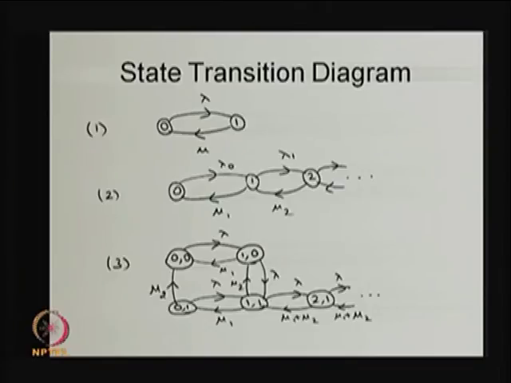The third example is also a continuous time Markov chain. This is a sort of two-dimensional Markov chain with the labeling (0,0), (1,0), (2,0) and so on. All the labels are parameters for the exponential distribution.